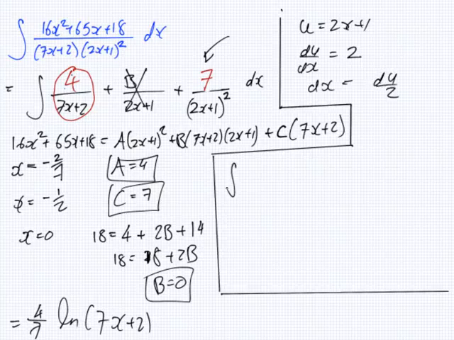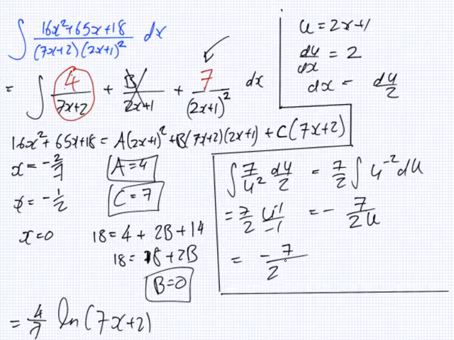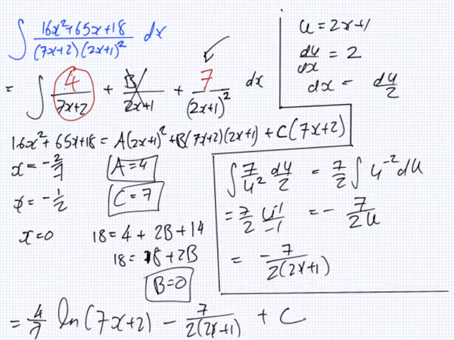So this becomes 7 over u squared du over 2, which becomes 7 over 2 u to the minus 2 du, which becomes 7 over 2 times u to the minus 1 over minus 1, which is minus 7 over 2u, which is minus 7 over 2x plus 1. So minus 7 over 2x plus 1 plus C is the answer at the end.